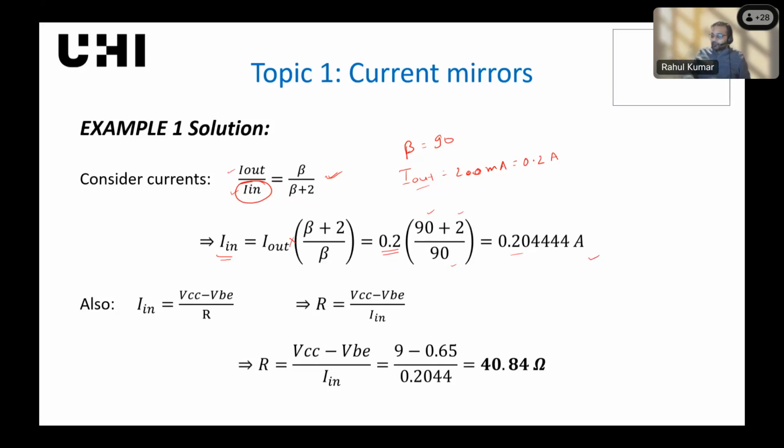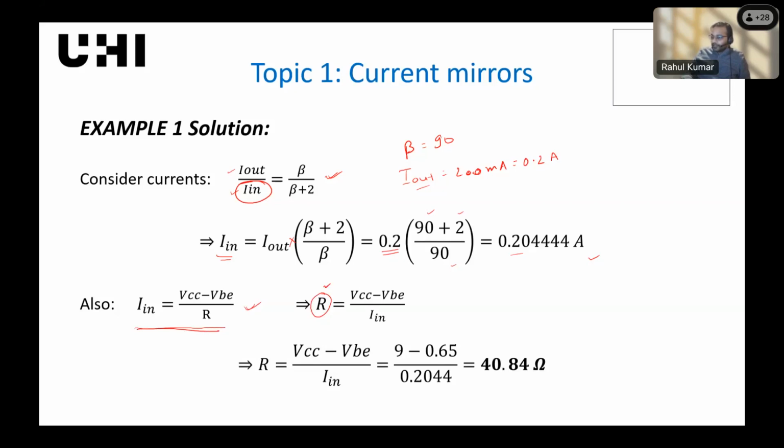Then, from the second formula, we can calculate the value of resistance. So this was the formula. And from there, if you rearrange the formula to calculate R, you will get VCC minus VBE divided by I in, the input current.